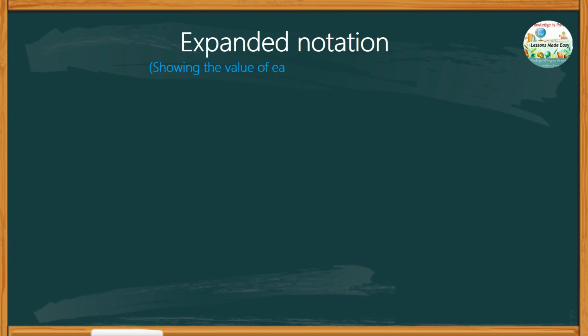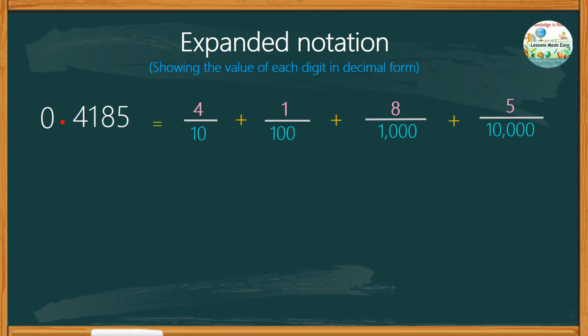We can also do expanded notation of decimals by showing the value of each digit in a decimal form. Earlier, we expanded 0.4185 this way, where each digit is expressed as a fraction with powers of 10. Now let's expand the same number using decimals instead.